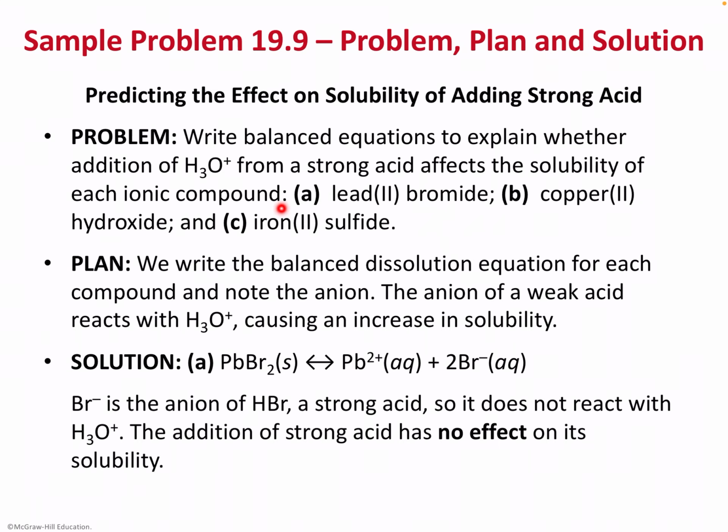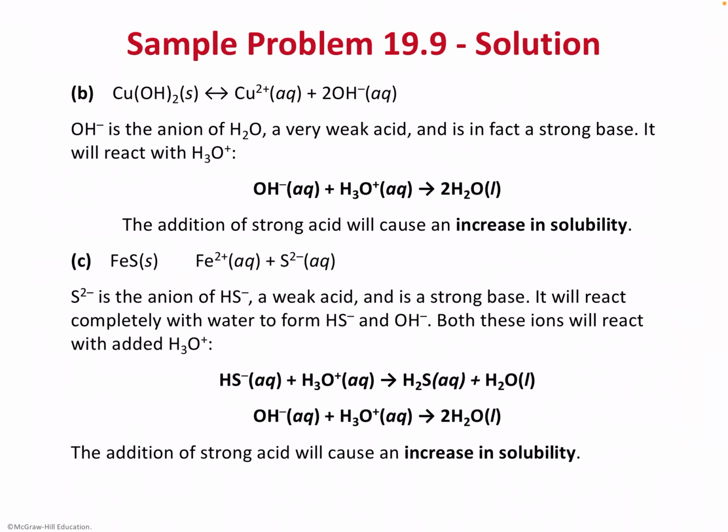And then what about copper II hydroxide? This is the formula. It's going to give you copper 2 plus and 2 hydroxide ions. And hydroxide is the anion of water, a very weak acid, and is in fact a strong base. It will react with hydronium ion.